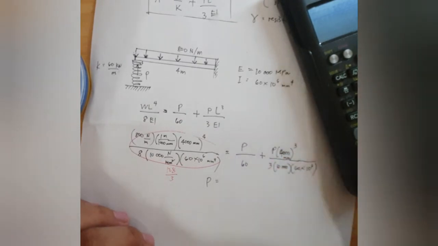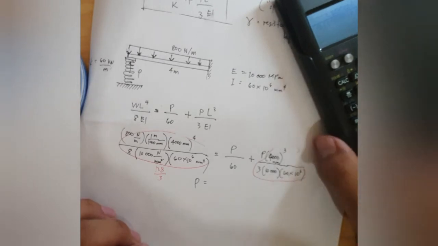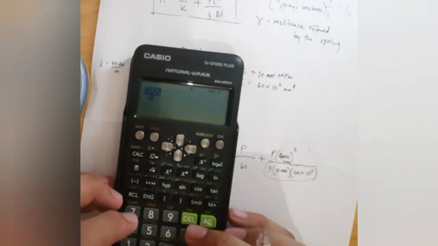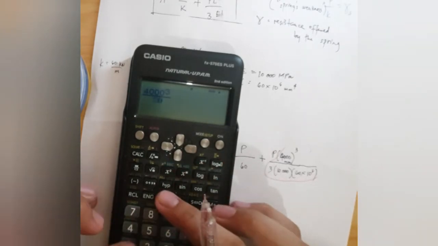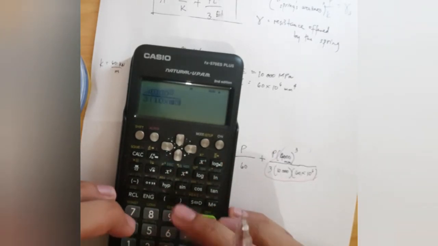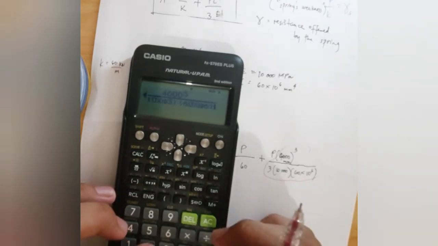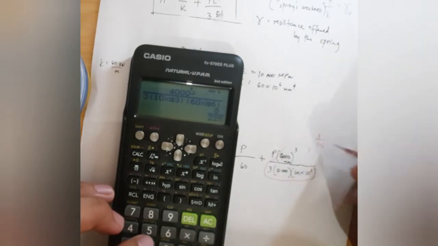Then this one, 1 over 60. Then this one, that is 4,000 cubed over 3 times 10 times 10 to the 3 times 60 times 10 to the 6, that is 8 over 225.